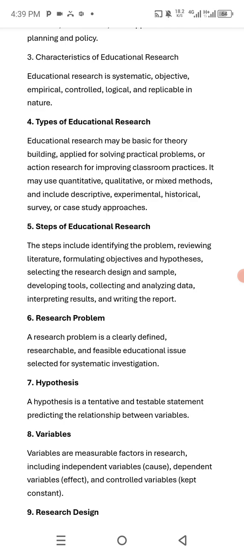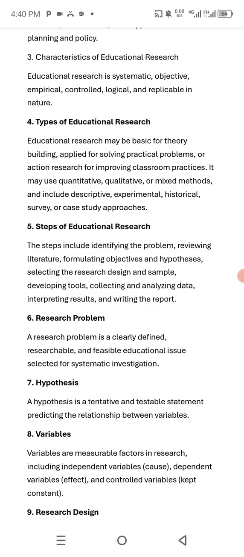So you might use quantitative or qualitative or mixed method, that is both quantitative and qualitative in your research. And this includes descriptive, experimental, historical, survey or case study approaches.